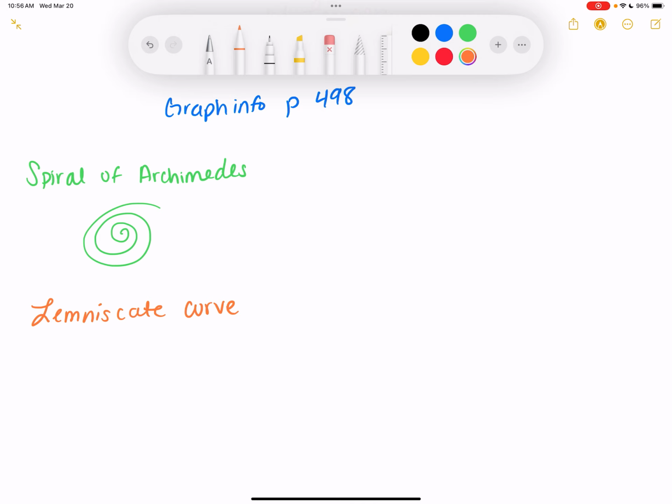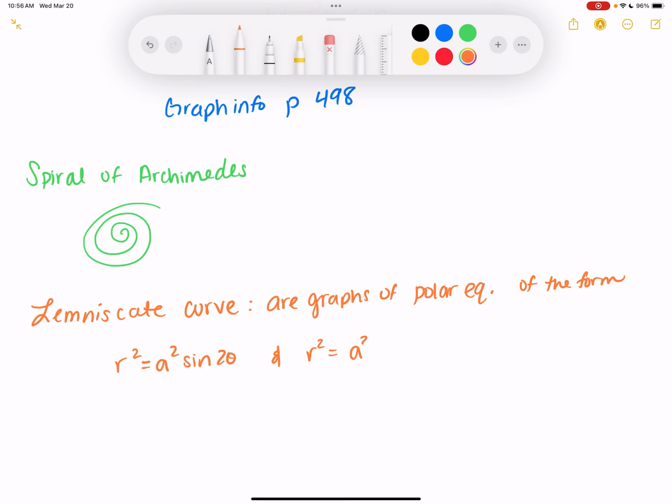I don't think they know how to say it. But they are graphs of polar equations of the form r squared equals a squared sine of 2 theta and r squared equals a squared cosine of 2 theta.